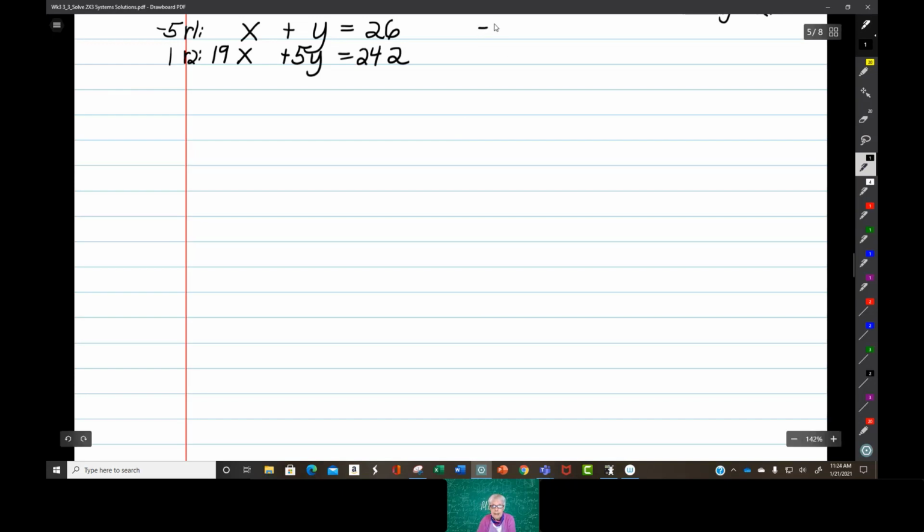I would get -5x plus -5y, which equals 5 times 6 is 30, carry the 3. 5 times 2 is 10, plus 3 is 13, and negative times positive is negative.